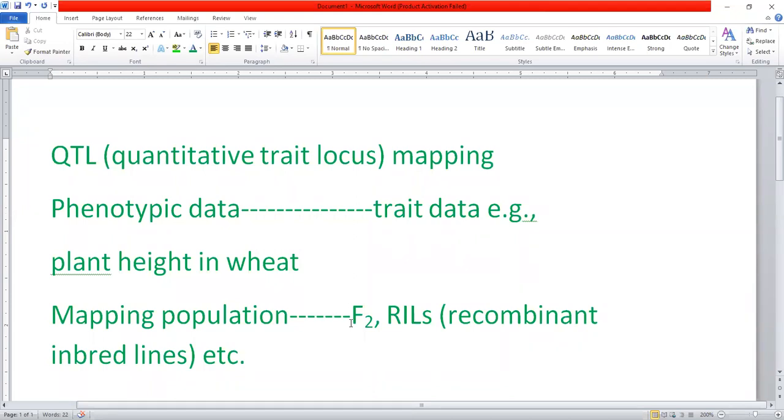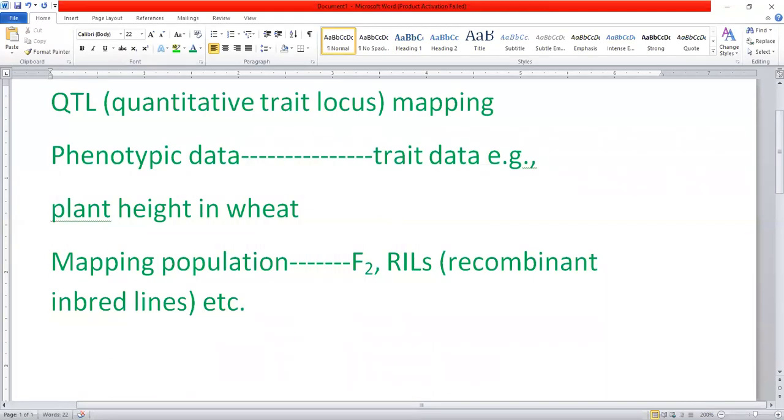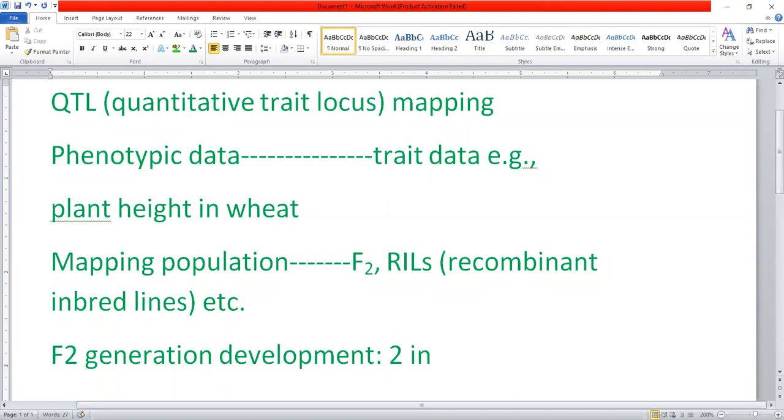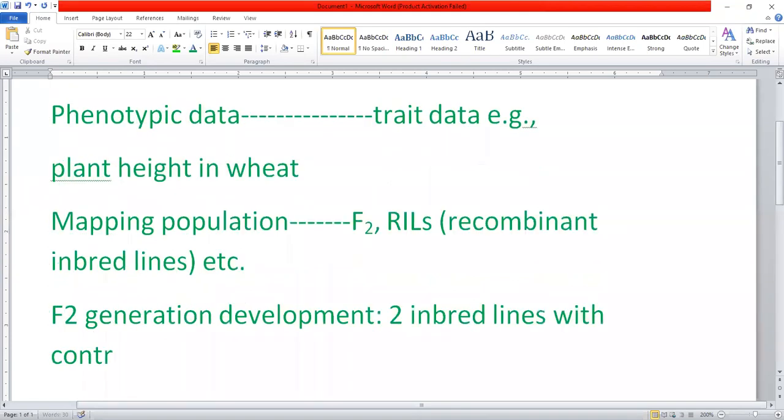So what is the procedure to develop the mapping population? We will cross two inbred lines with contrasting traits. For the development of the F2 generation, two inbred lines with contrasting traits are crossed.